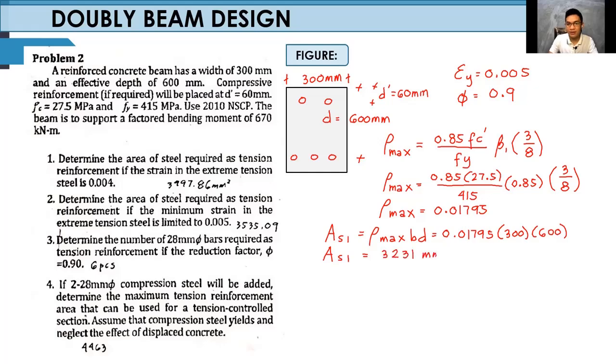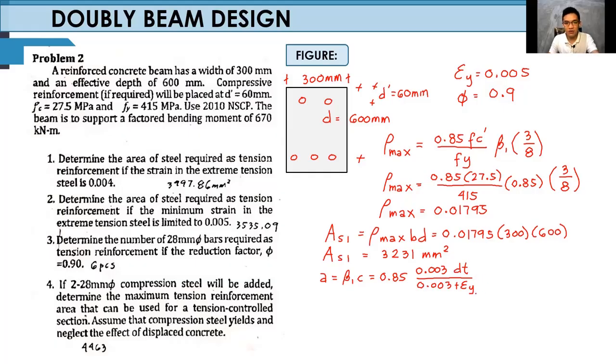So we need to get our a muna, which is the height of our compression block, that is beta multiplied by c. So yung beta natin is 0.85, yung c natin is kukunin pa natin, di ba? So yung formula ng c natin is 0.003 dt, di ba? Divided by 0.003 plus yung ating epsilon t, which is 0.005. Binigay naman din siya.